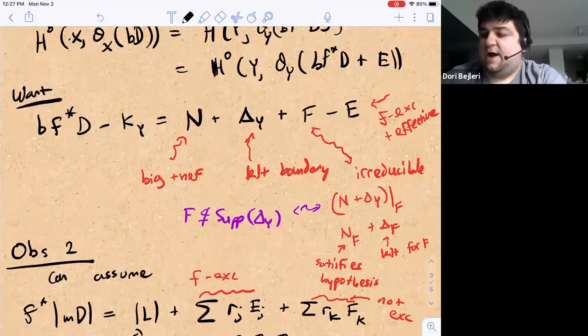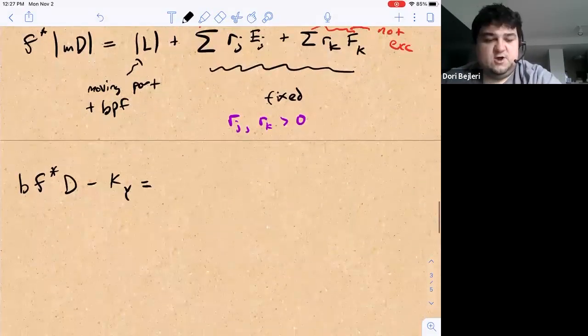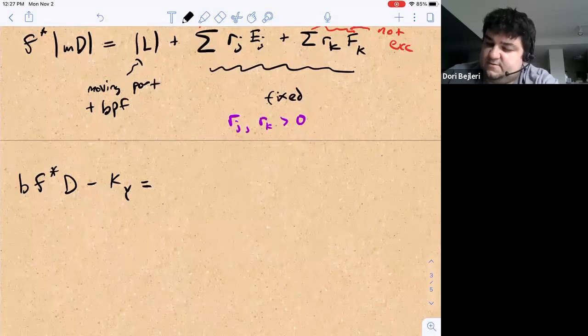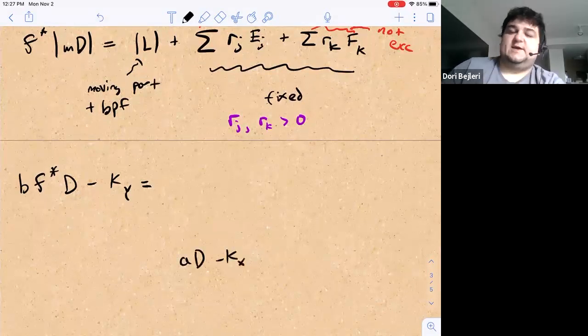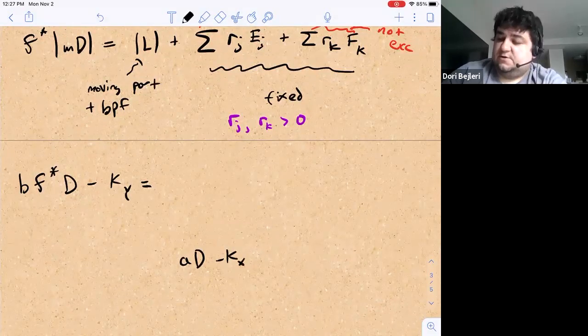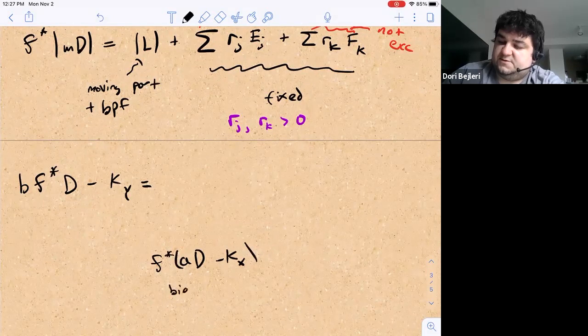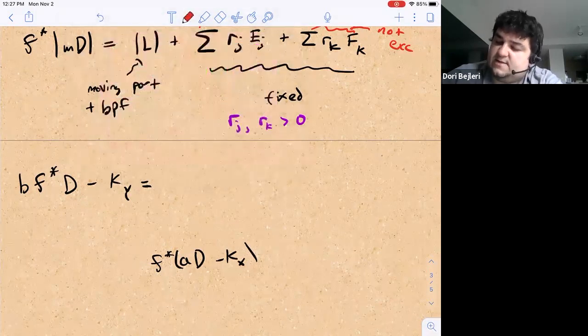So we have to think, what divisors do we know anything about? So we know that AD minus KX is big and nef. That's our assumption. So if we pull it back, this is still big and nef because F is birational. So that's some piece that we know something about.